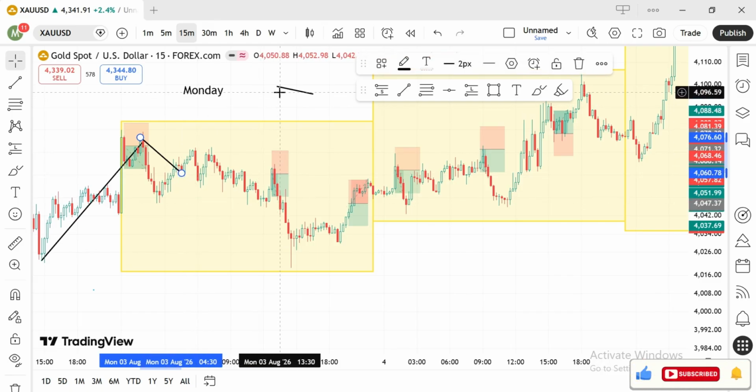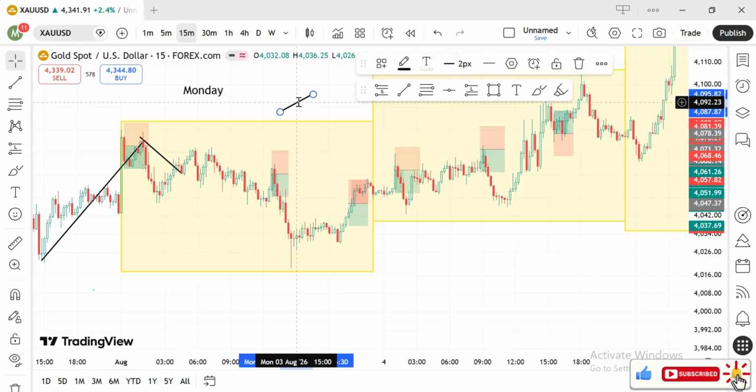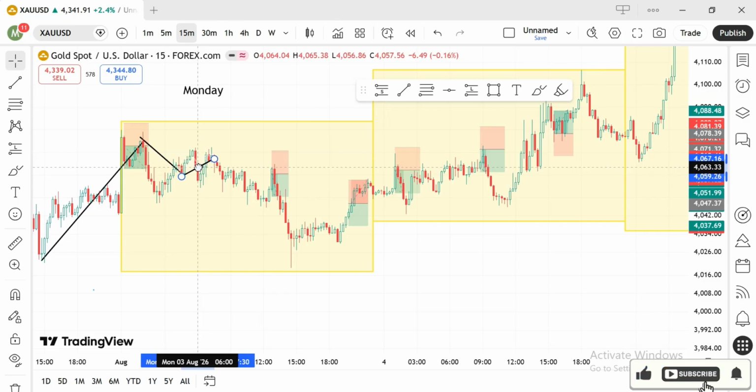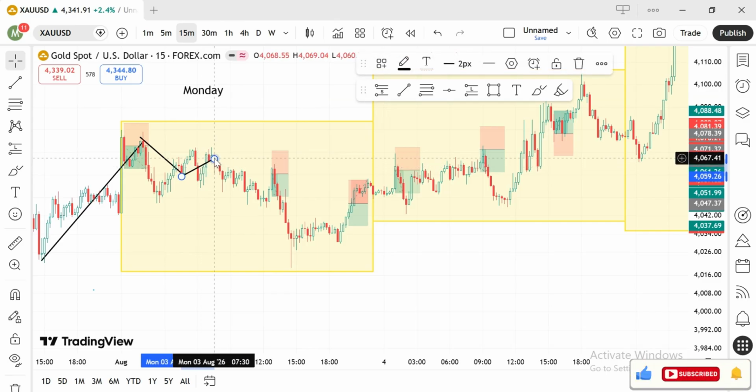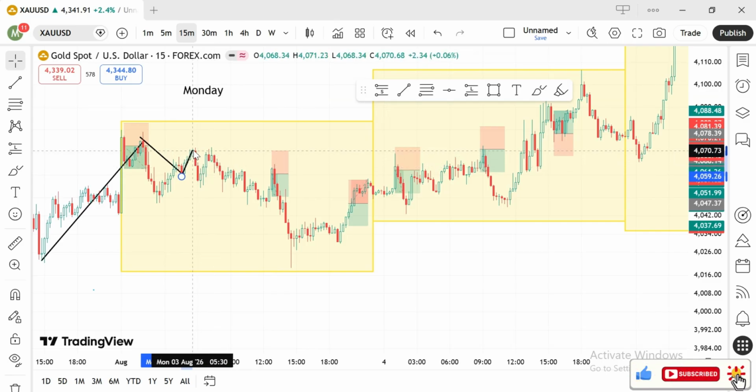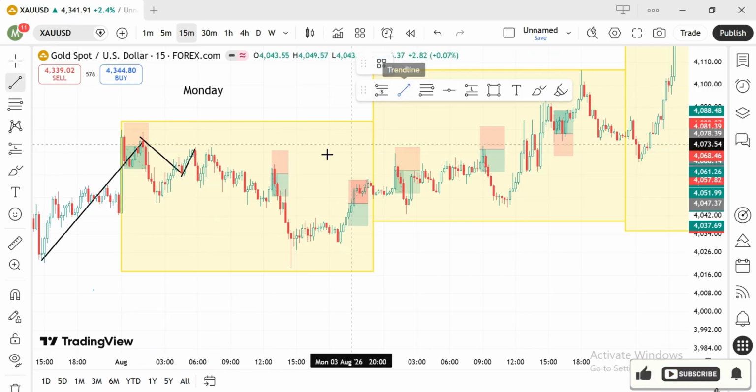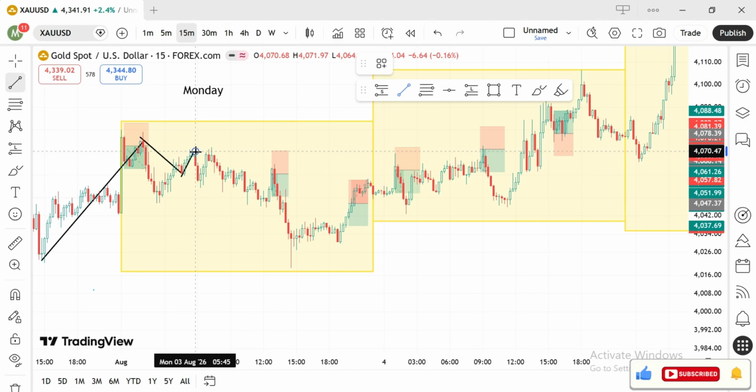So the next thing is for us to pick this trend line tool and identify where the bullish candle started from. Strong bullish candle and series of weak candles, and it stopped here. So that's it. Then the next is to also identify a bearish candle. The bearish trend continued. These are all weak green candles, so it continued down. It continued down and it continued to this position over here.